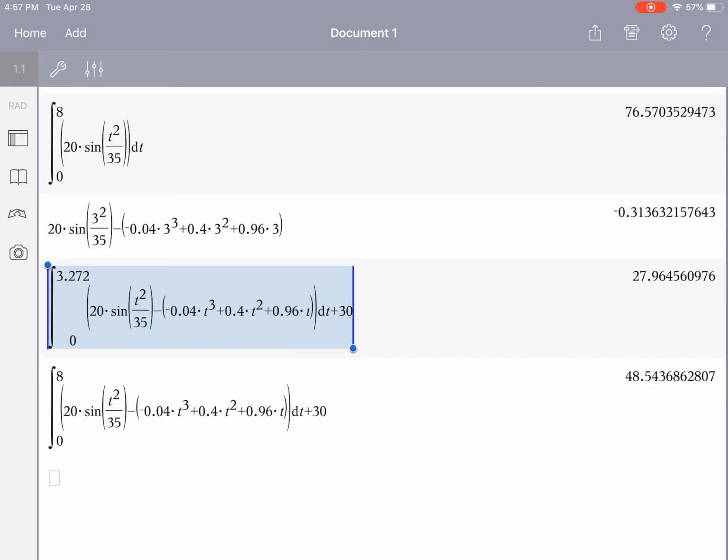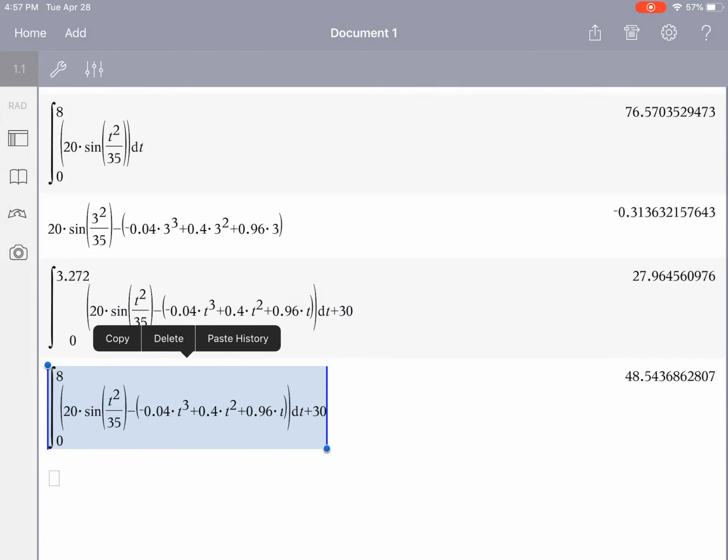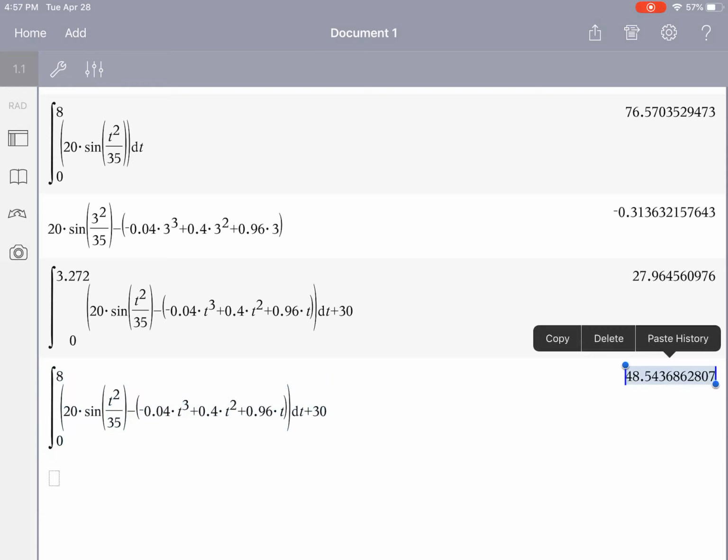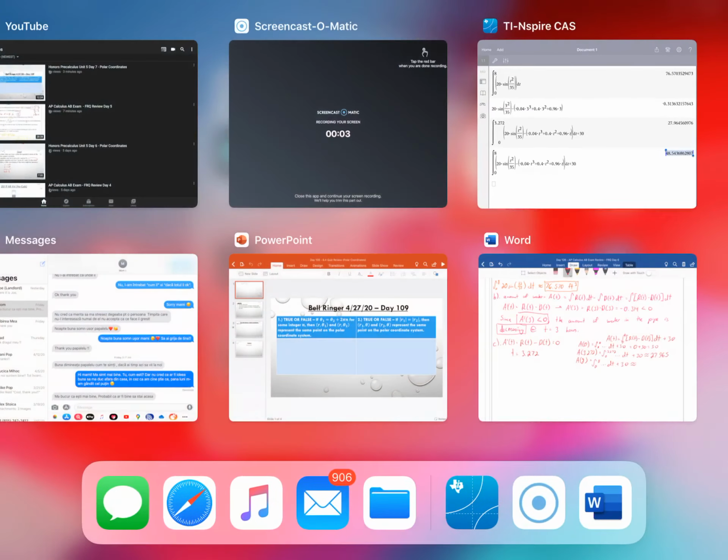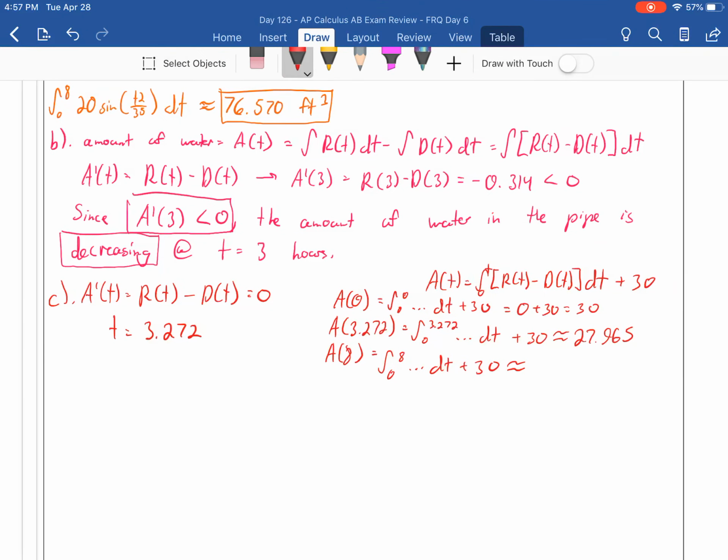Hopefully you can just copy and paste this one, even on a calculator, where you just have to change the 8. You might be able to do like the last equation or something like that, plus 30, and we get 48.544. So 48.544. So it looks like our max happens at 8.